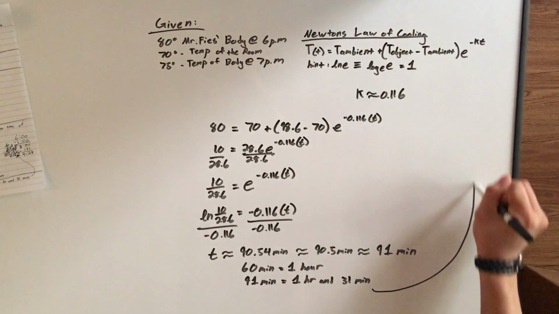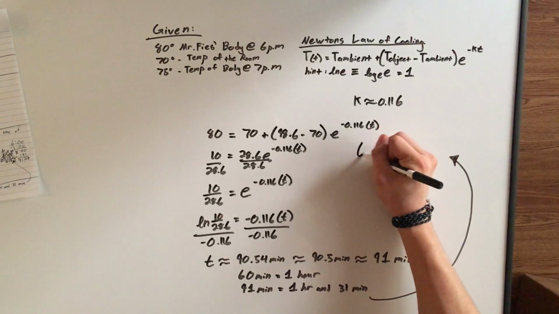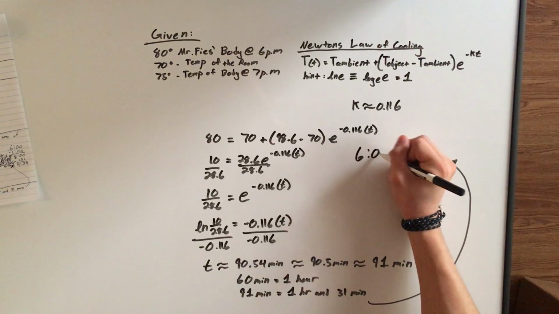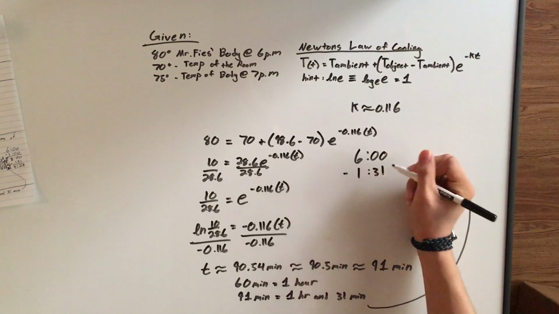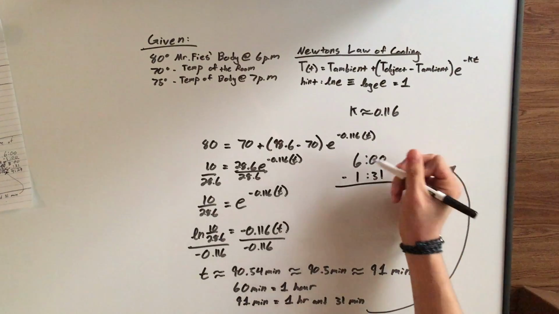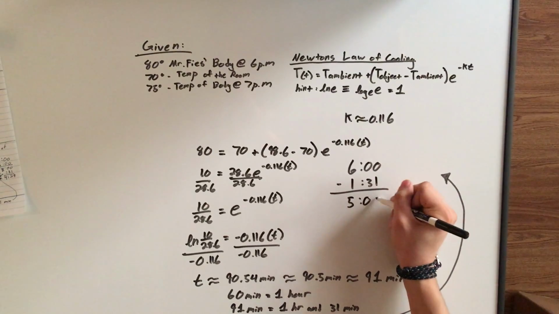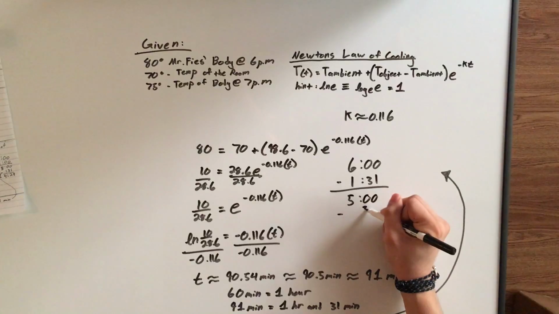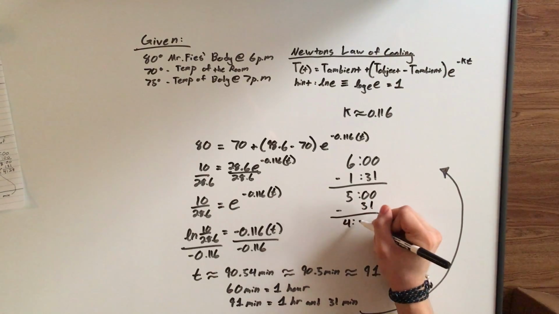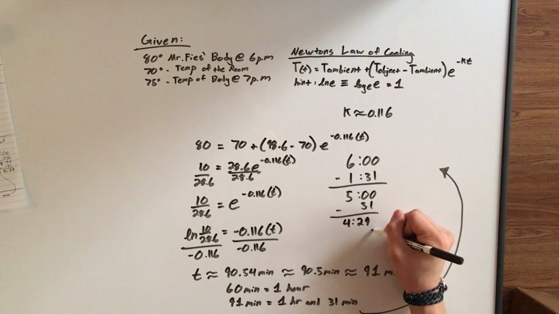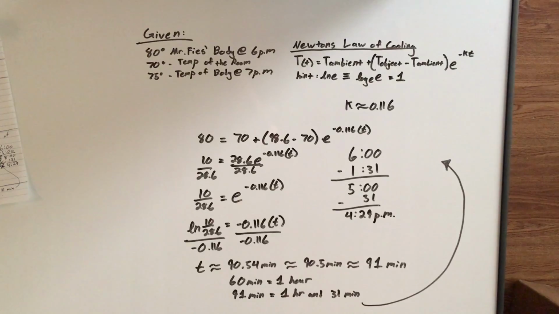We get 6 p.m. subtracted by an hour and 31 minutes. You subtract the 1 hour, you get 5, and then you subtract 31 minutes, and that'll leave you with 4:29 p.m. as the time of death. And there you have it, boys.